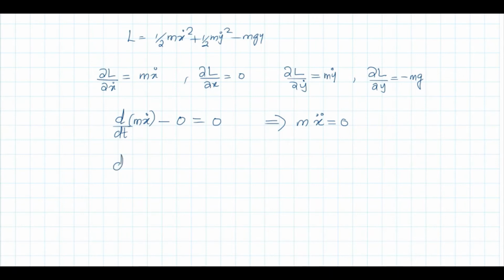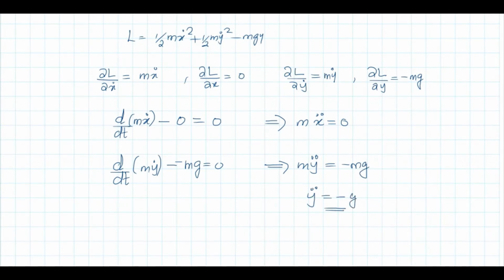The second equation of motion is d by dt of dou L by dou y dot, that is my dot, minus mg equal to 0. This will give me m y double dot is equal to minus mg, or y double dot is equal to minus g. So the two equations of motion are, one is x double dot is equal to 0, the second one is y double dot is equal to minus g.